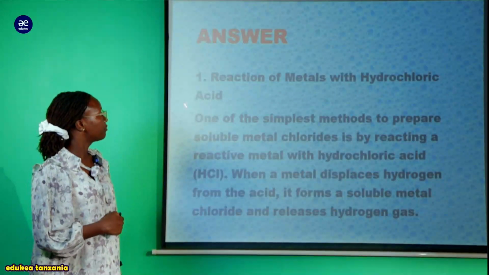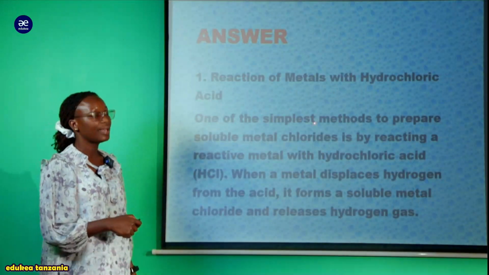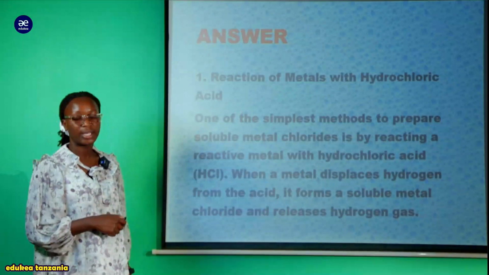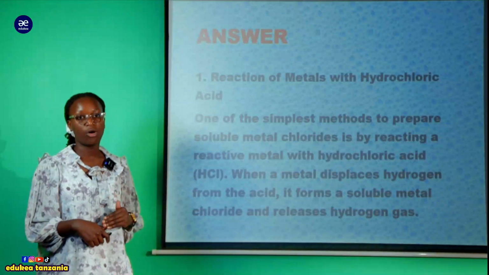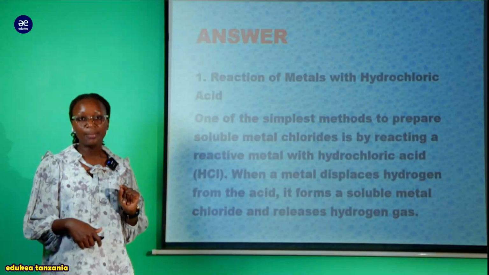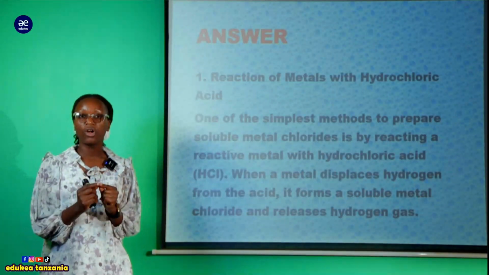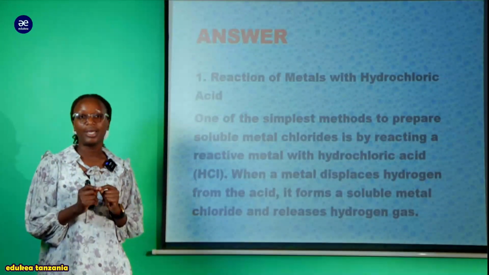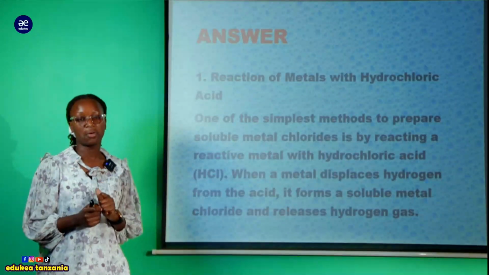Specifically, let us start with the first method, which is the reaction of metals with hydrochloric acid. Kwamba once the metal reacts with this hydrochloric acid, obviously tutaenda prepare the metal chloride. Remember, the aim or the purpose is to get what? Compound of chloride. Na compound of chloride mean that ni combination ya element metal na chlorine ili itengeneze ile compound of chloride, au simply tunasema metal chloride compound.